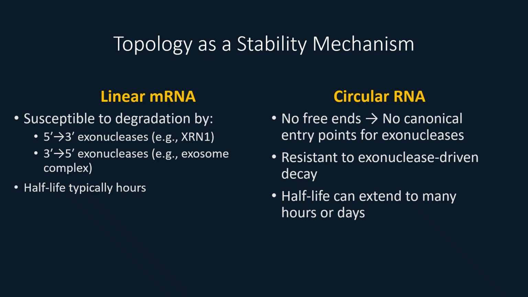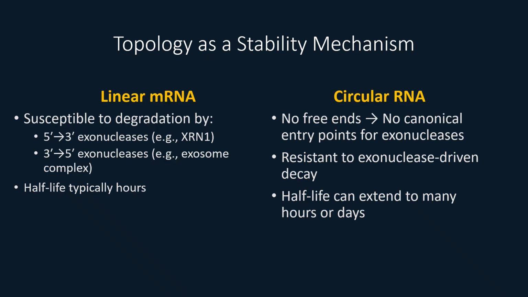Circular RNA changes this at a structural level, as it is a closed loop. So no free ends, and exonucleases have no entry point. As a result, circular RNAs are largely resistant to standard decay machinery, with half-lives extending to many hours or days.